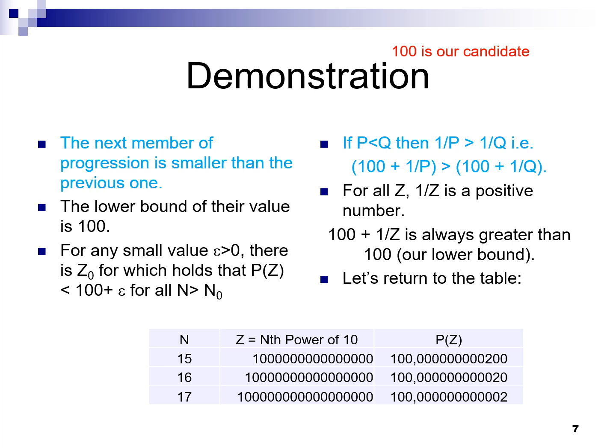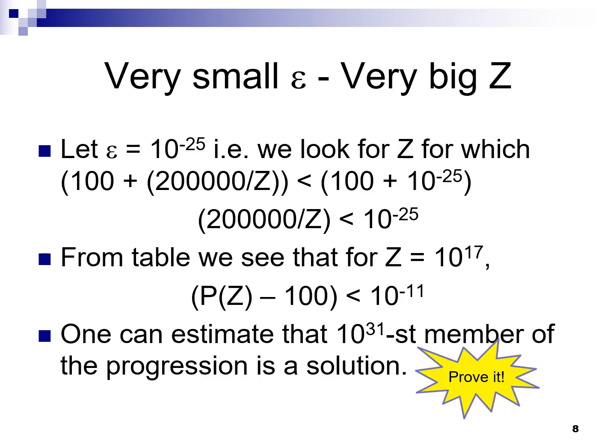And when we go back to the table, I took only the last 3 members. What we can observe, I go to the next slide. Let's have, for example, epsilon equal to 10 to minus 25, which is an extremely small number, with in fact more than 20 zeros before the first digit after 100.